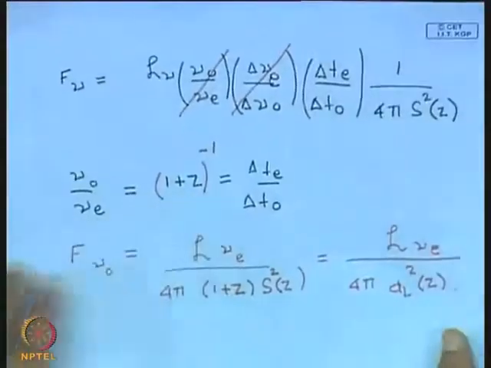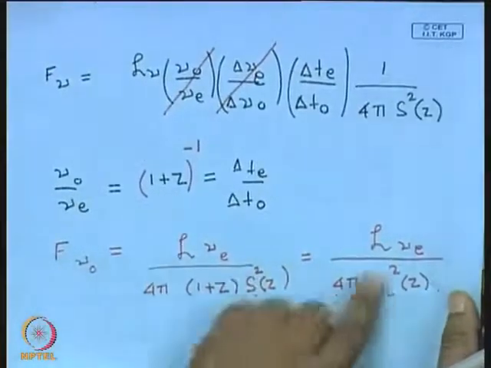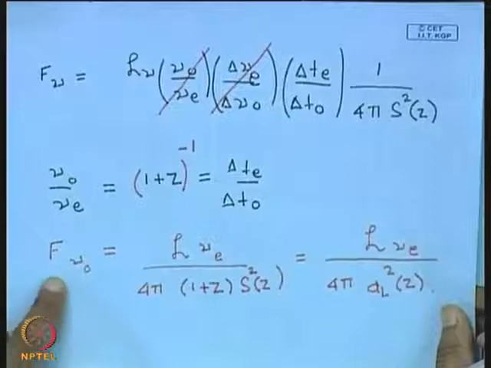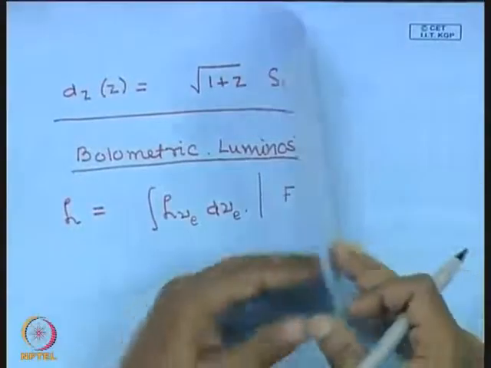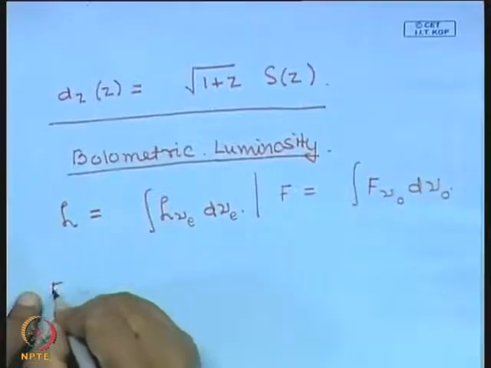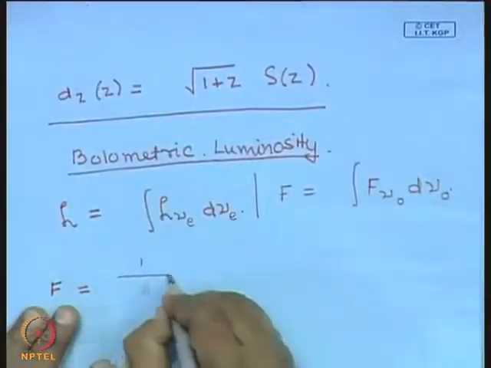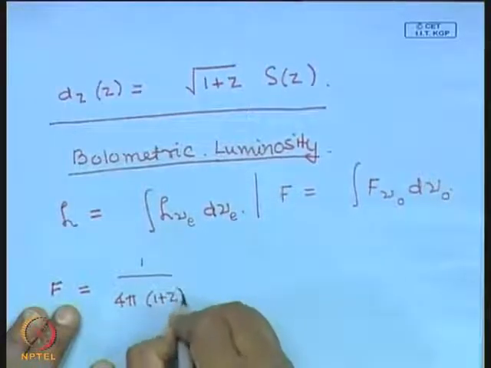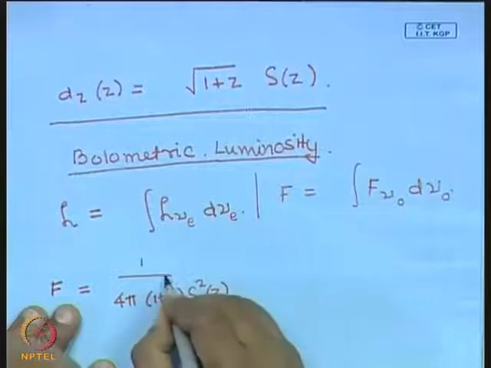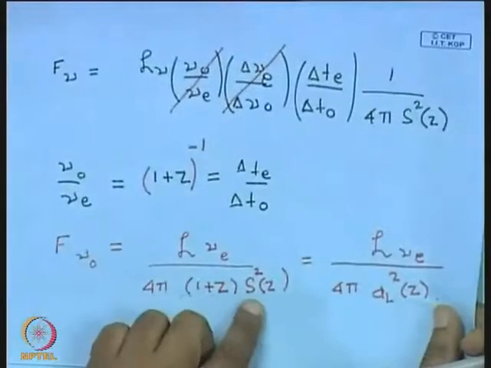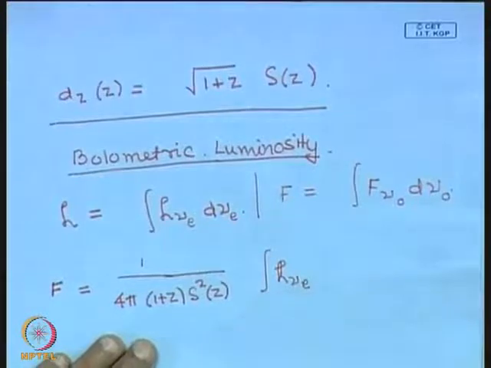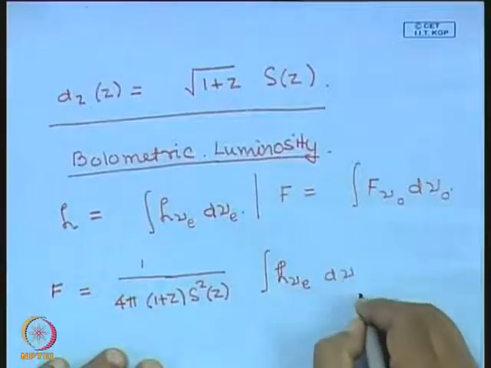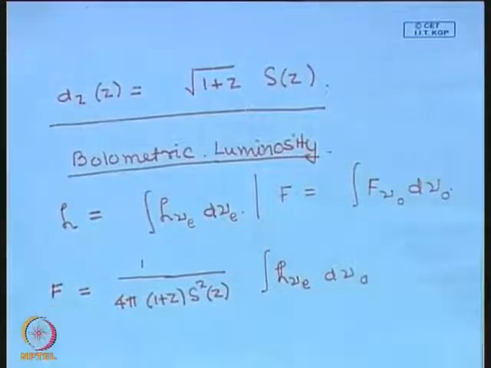So if you take this expression and integrate it over the observed frequency, then what we get is that the volumetric flux is equal to 1 by 4 pi s square, 1 plus z, and then I have the integral of the luminosity d nu observed, because I have integrated this over the observed frequency.